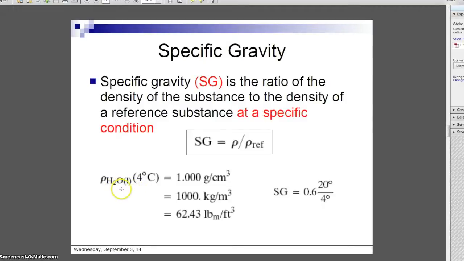For liquid water, water is always liquid, right? The other thing is ice. So for water in liquid at 4 degrees C, its density is 1 gram per centimeter cube, or 1,000 kilogram per meter cube, or 62.43 pound per cubic foot.